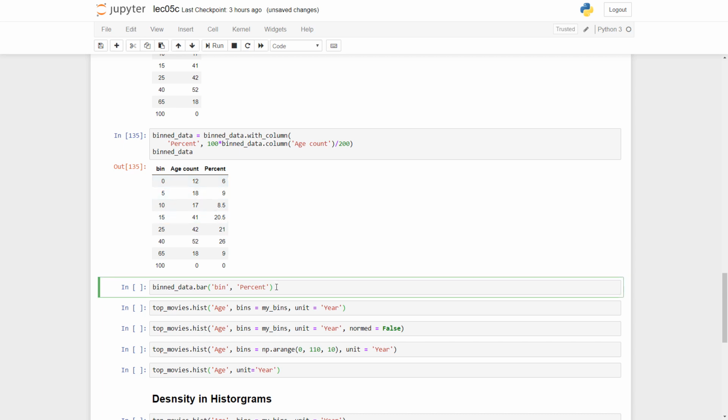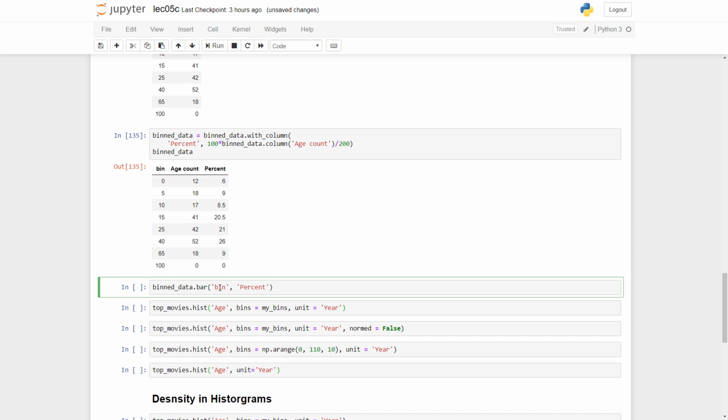Now before we see the histogram, let's try a bar chart, and see how the bar chart will look like, and then we'll see how the histogram will look like. So from that data, we can plot a bar chart with the x-axis being the bin, and the y-axis being the percent. Now, when we say the x-axis is the bin, is it numerical or categorical?